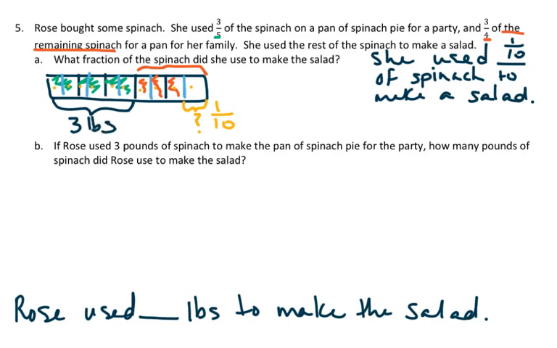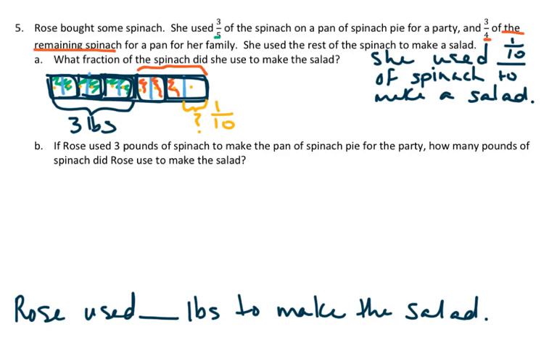So that means this unit is 1 pound, this is 2 pounds, and then this would make the 3 pounds. Knowing that this unit is also a pound and this unit is also a pound, what I can see is that if she used 3 pounds of spinach to make the pan of spinach pie for the party, how many pounds of spinach did Rose use to make the salad?